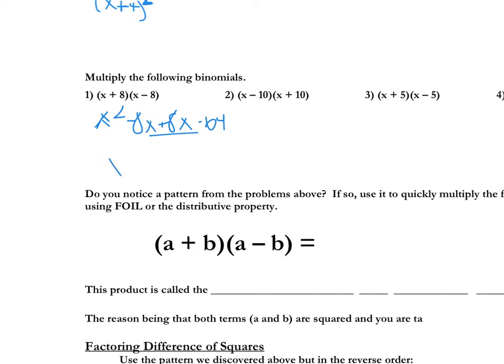Notice the middle two terms cancel out and we're left with x squared minus 64. And same thing if we look at number 3, this would be x squared minus 5x plus 5x minus 25. So x squared minus 25.